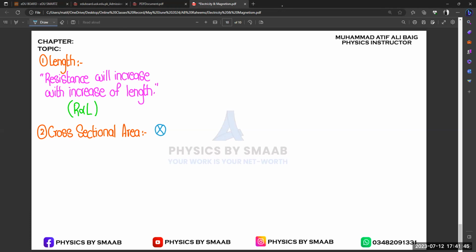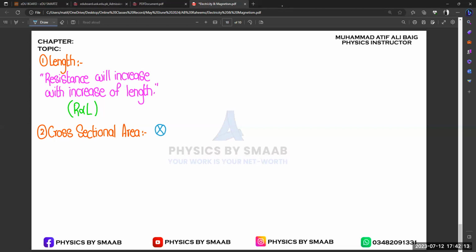If we compare that door with the main gate of your school, that gate has greater area, so from the main gate there are multiple students who can easily pass, it may be 30, it may be 50, depending upon the size of the main gate, right?